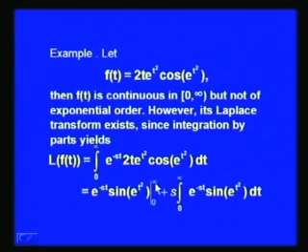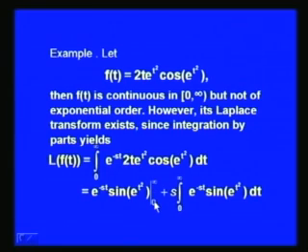Now, when t goes to infinity, the modulus of e to the power minus s t into sine e to the power t square is less than or equal to e to the power minus s t, because the mod of sine e to the power t square is less than or equal to 1. So, if we assume that s is greater than 0, then e to the power minus s t tends to 0 as t goes to infinity, and therefore the limit of e to the power minus s t into sine e to the power t square is 0 as t approaches infinity.